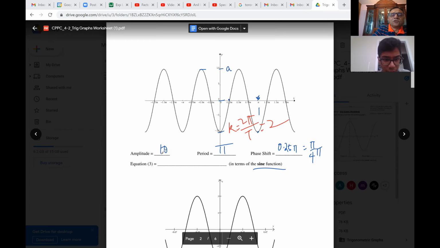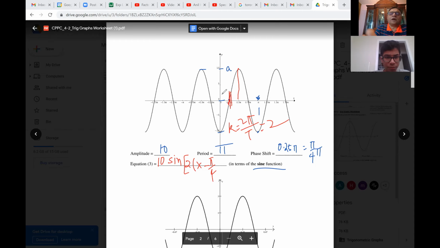With an amplitude of 10, we want this sine function, which is equal to 10 sine with a k value of 2, and within the bracket x minus the phase shift, and the axis is 0. So that is what we get. Oh, sorry, the phase shift is a quarter, pi by 4. This is the phase shift for sine.